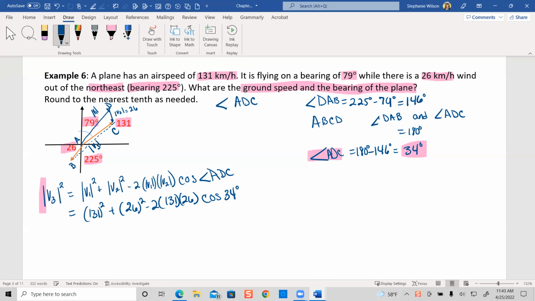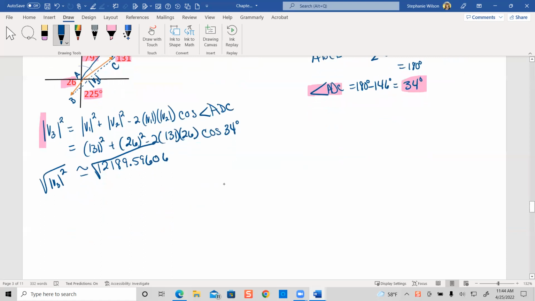And then we're going to type that in our calculator. And we come out with 12189.59606. And of course, we have to take the square root of both sides because we want V3, not V3 squared. Okay, so now that I've done that, now we know what V3 is.